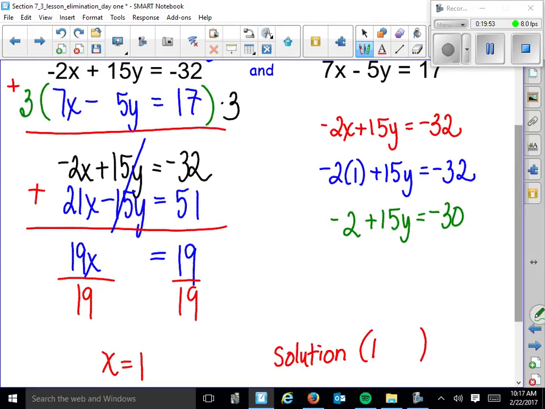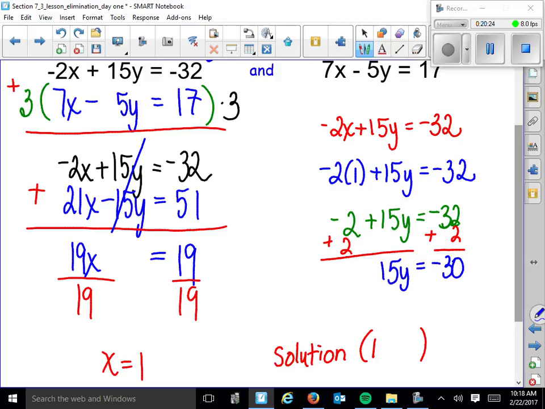To solve for y, I need to move this negative 2 to the other side, so I'm going to add 2 to each side of the equation. It's going to give me 15y equals negative 32 plus 2, which is negative 30.